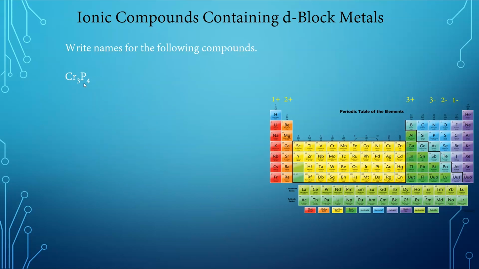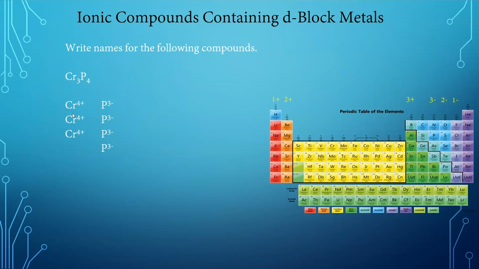Now this is a little more complicated one because there's more than one of each element. That always makes things a little more challenging. So again, let's start by listing our atoms. We have 3 atoms of chromium and 4 phosphorus. Phosphorus is in group 5, so it's a -3 charge. So we have 4 -3s. That's going to add up to 12.